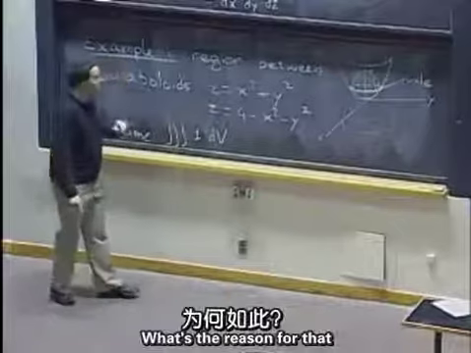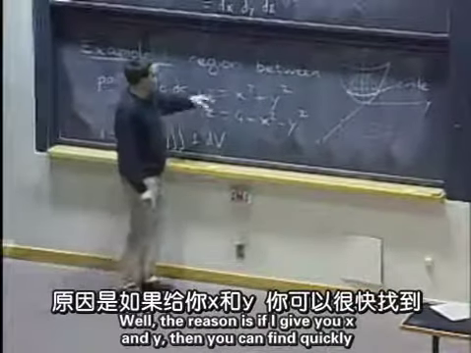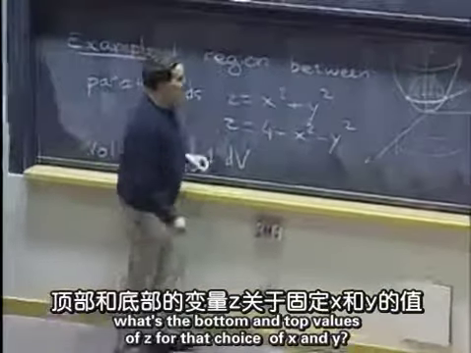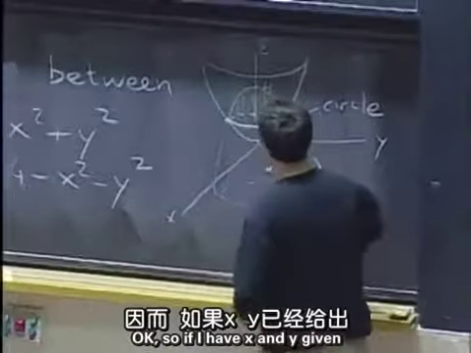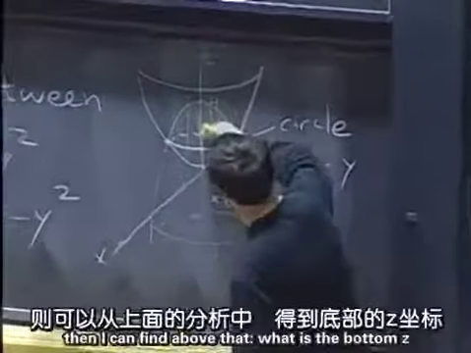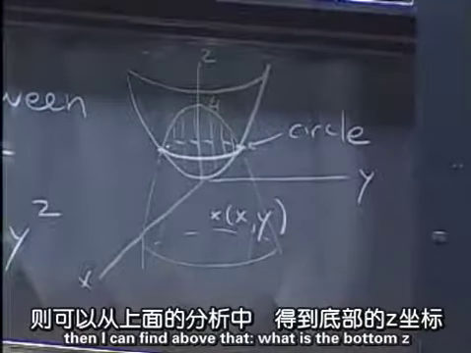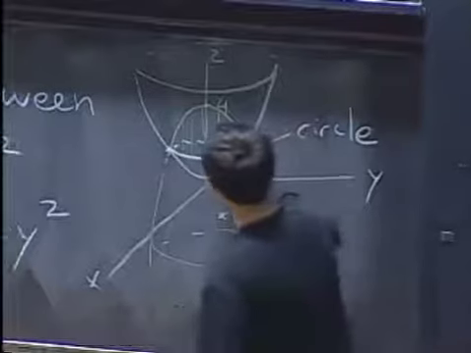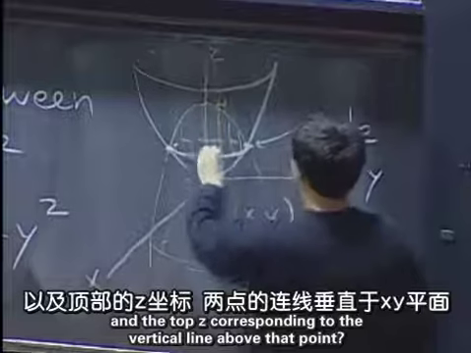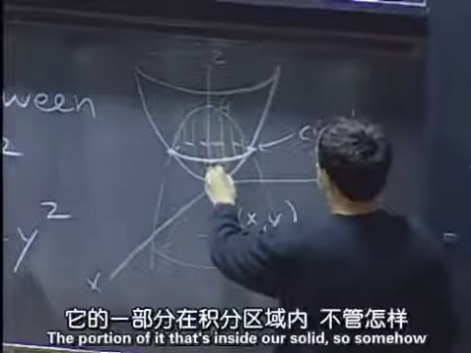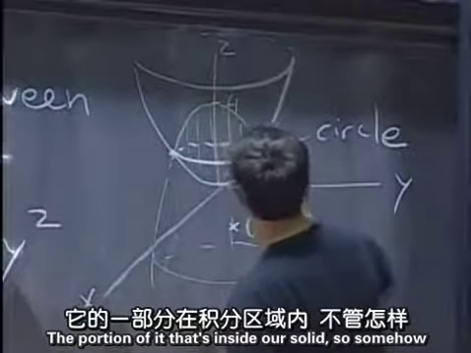What's the reason for that? Well, the reason is if I give you x and y, then you can find quickly the bottom and top values of z for that choice of x and y. So if I have x and y given, then I can find above that the bottom z and the top z corresponding to the vertical line above that point, the portion of it that's inside our solid.